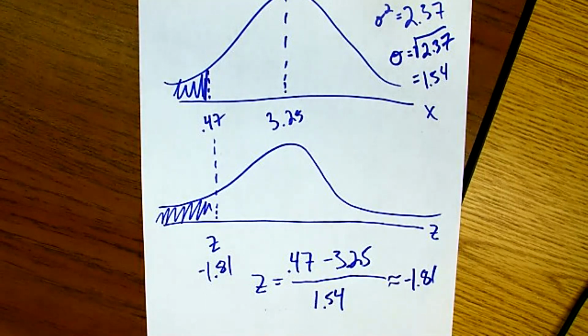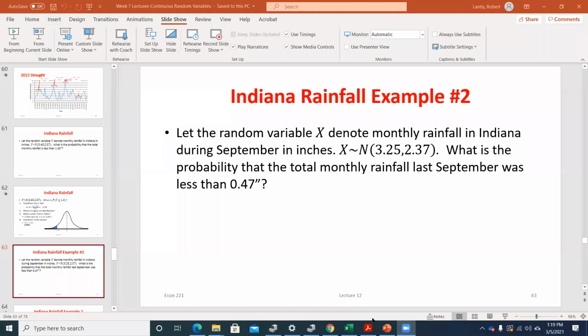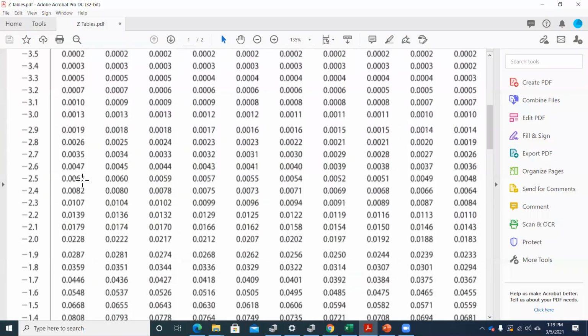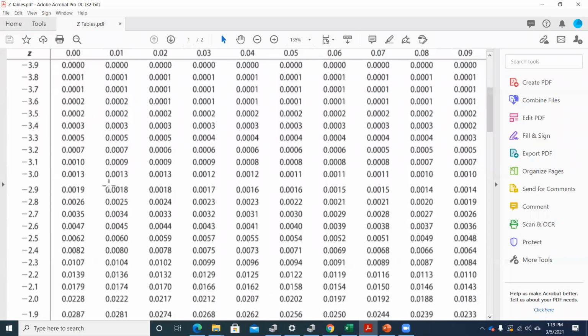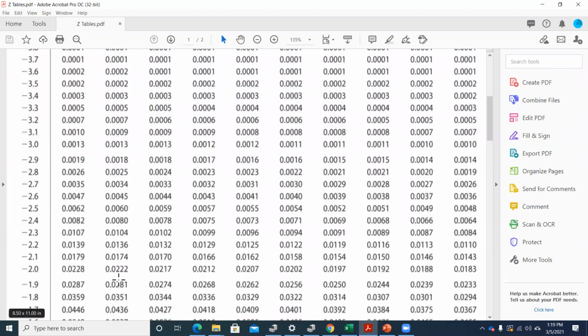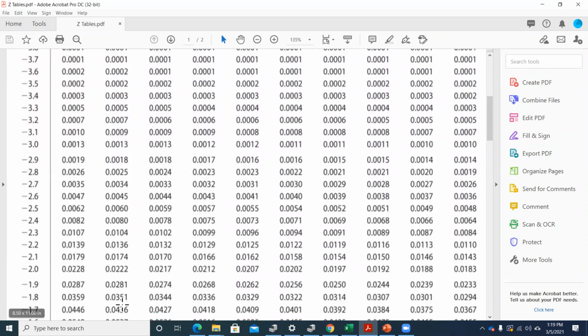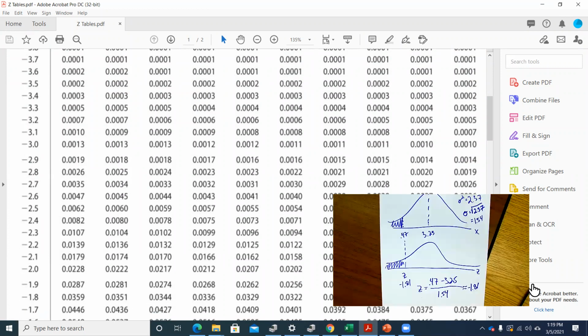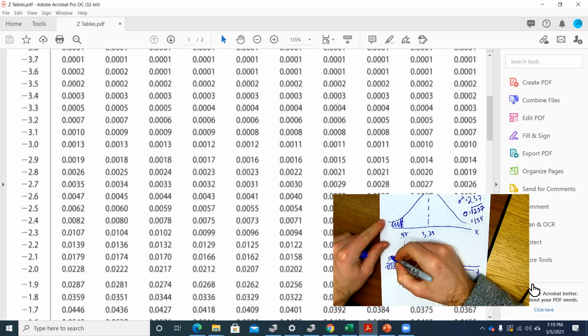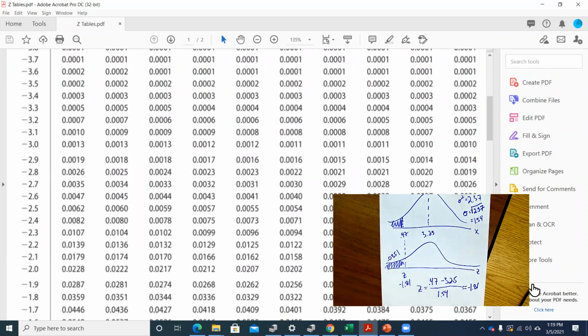So sure enough, I'll look up -1.81. So that probability is 0.0351. So the area to the left of that z-score, 0.03, did I say 51? Yeah, 51. Just identifying that there.